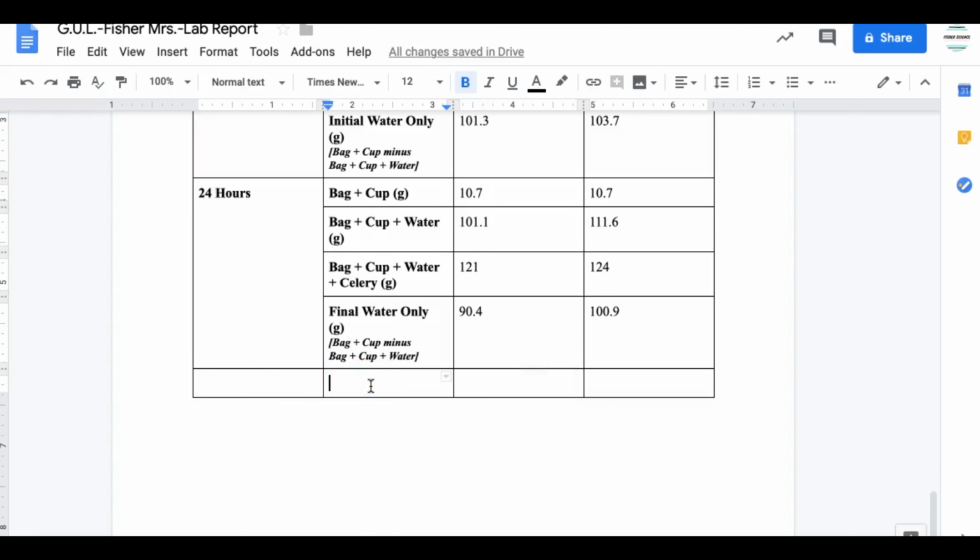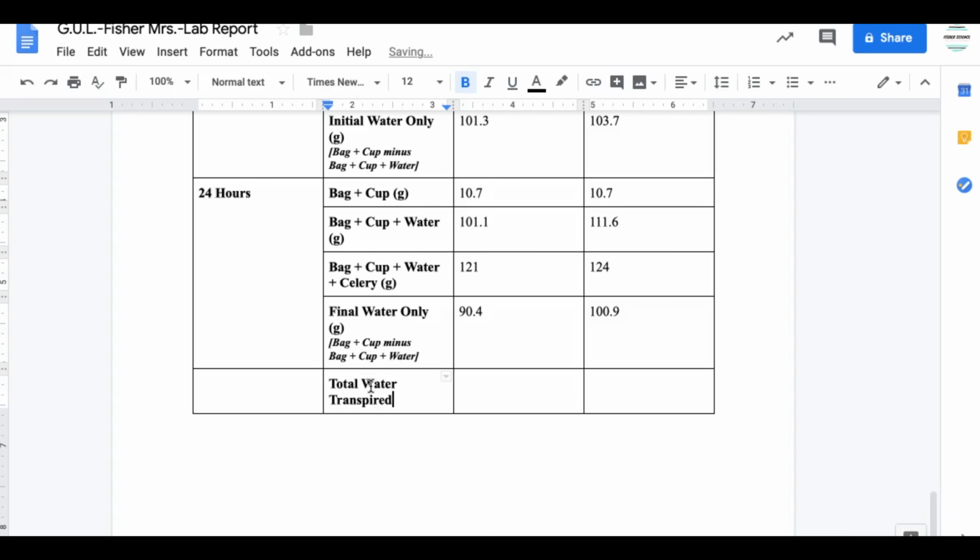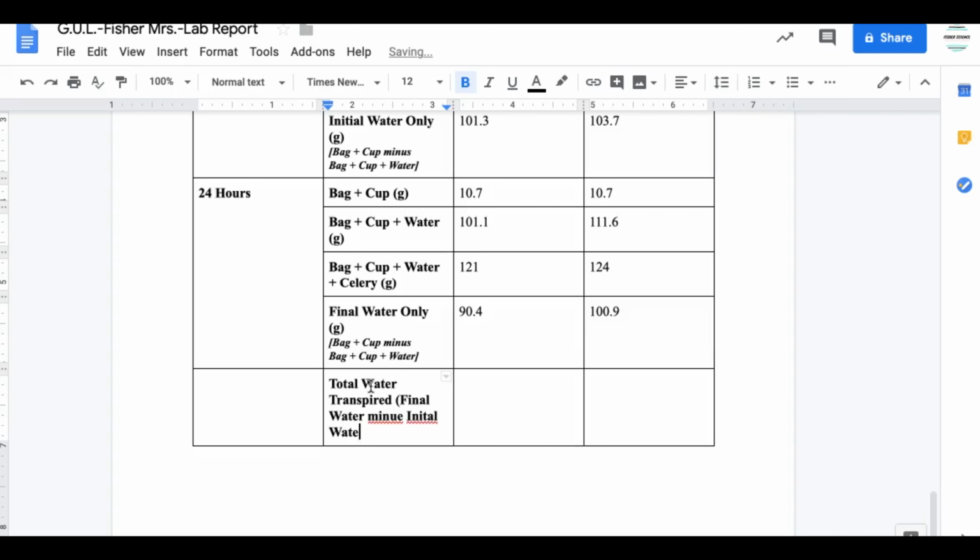And I need to figure out how much water transpired totally. So for here, I'm going to take the final water minus the initial water.